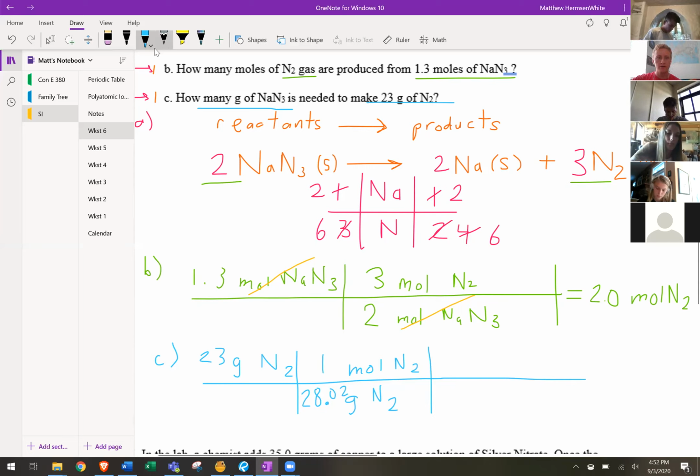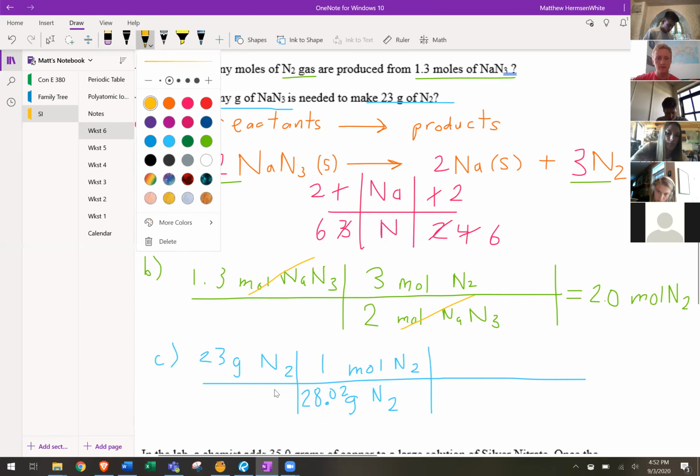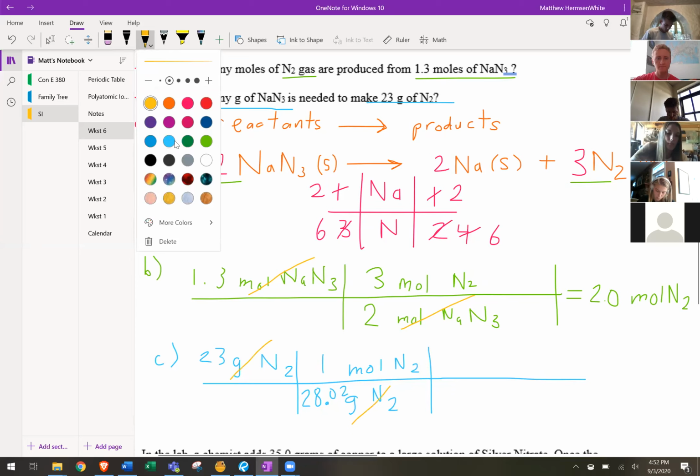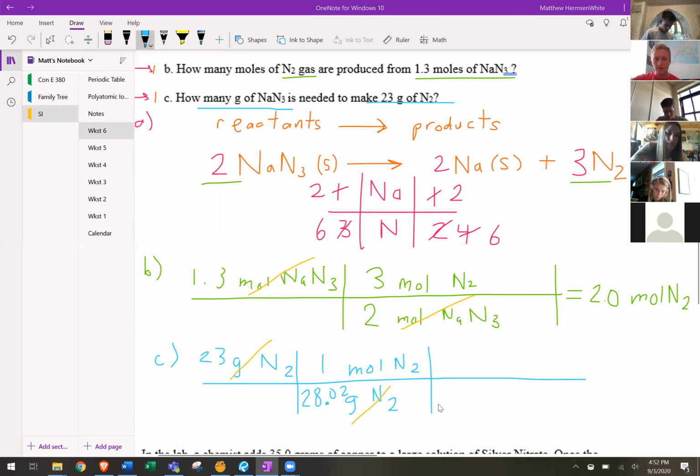So now let's cross out our units. Grams of N2 cancels on top and bottom. All right, so now we have moles of N2 on top. We want to get rid of moles of N2, so we're going to put that on the bottom. And our desired thing is moles of NaN3.